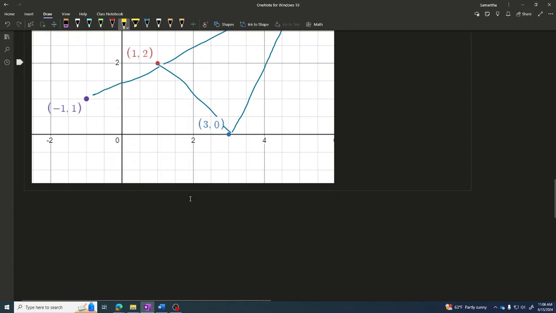So what am I going to do? I'm going to add together the total distance traveled, which is the square root of the change in x squared plus the change in y squared. I'm going to add together all of those straight line distances for each of these 3 legs on the journey.